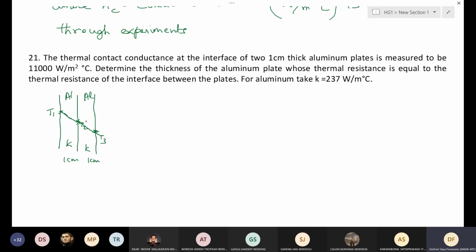So, having two plates or having a single plate of 2 centimeter, is there any difference here?